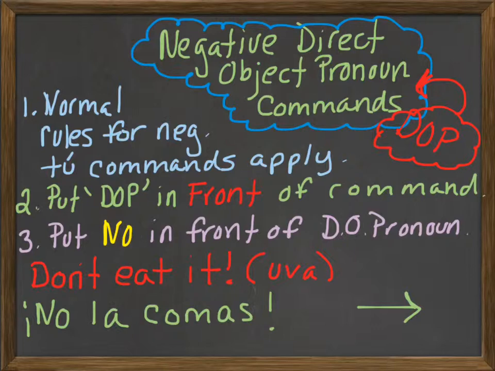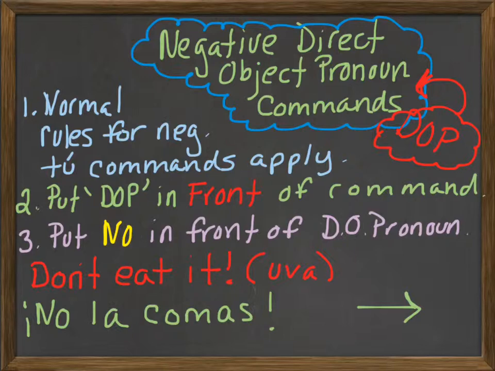Okay, real quick, last thing. If you're making a negative command with a direct object pronoun, the main thing you have to remember is, first of all, you have to form your negative command correctly. So either memorize the irregulars or go to the yo form, drop the O, add the opposite ending plus S, and then put a no out front. Once you've mastered that, your direct object pronoun is going to go before your command.